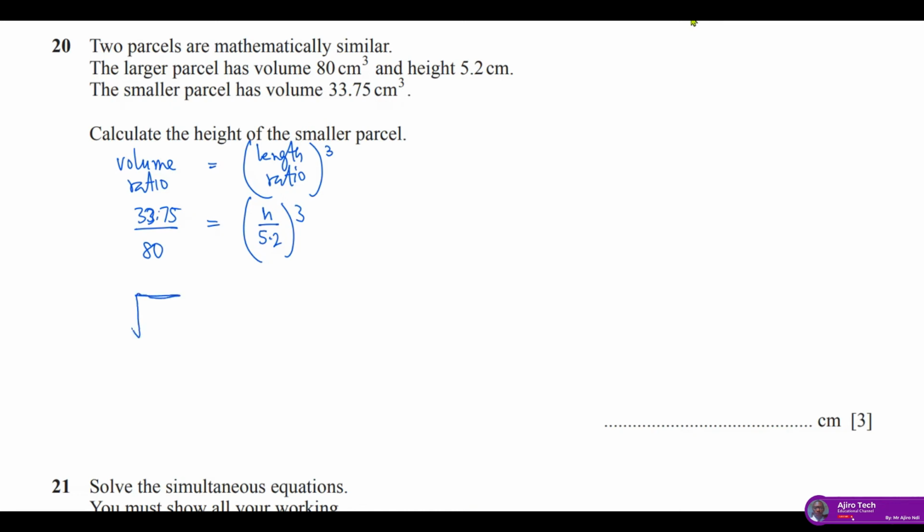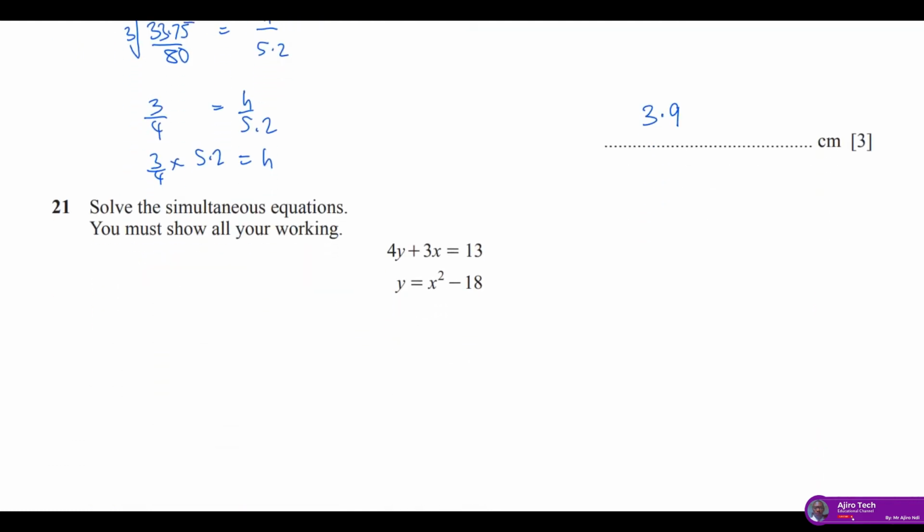The cube root of 33.75 over 80 equals h over 5.2. The cube root of that becomes 3 over 4, so 3 over 4 is h over 5.2. Taking this across, 3 over 4 times 5.2 gives me h, and that is 3.9 centimeters, the height of the smaller one.